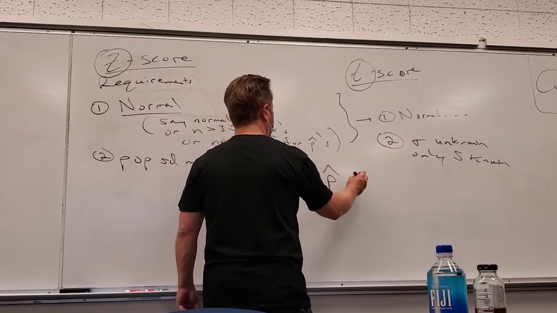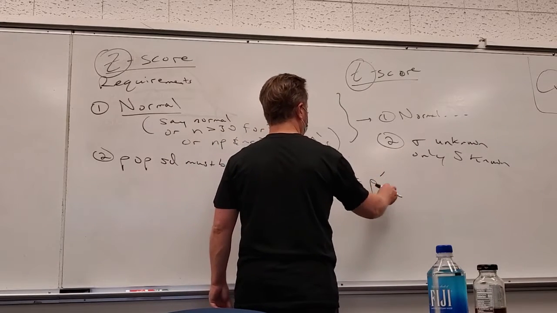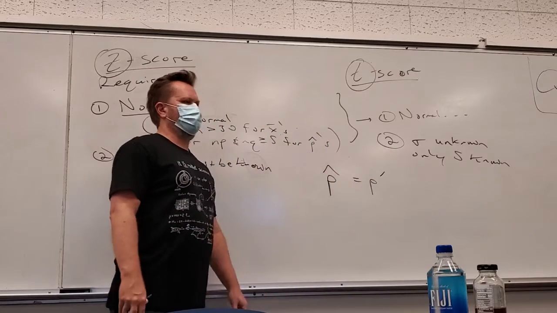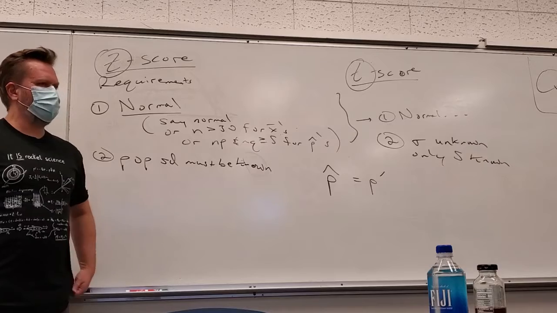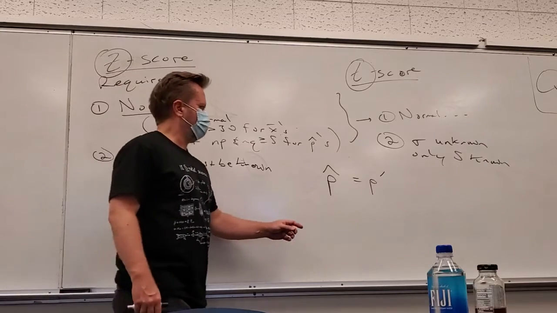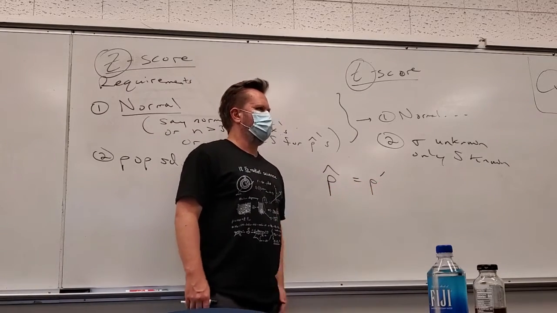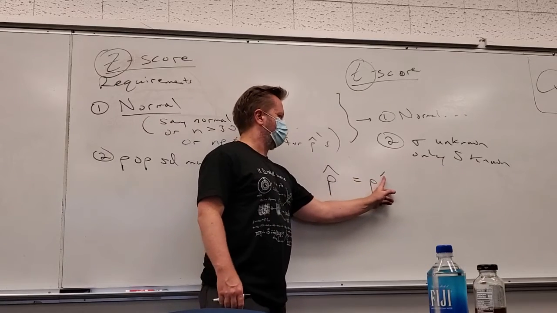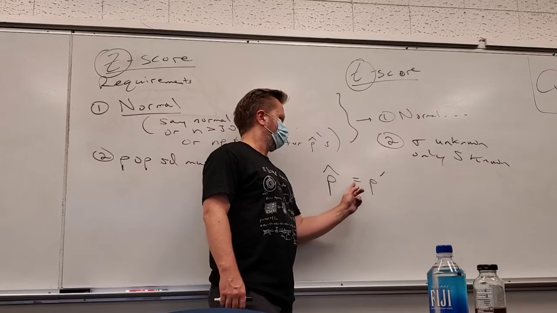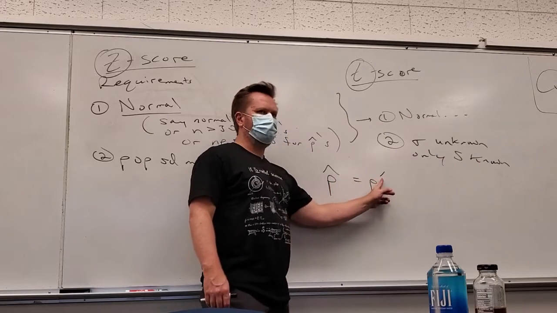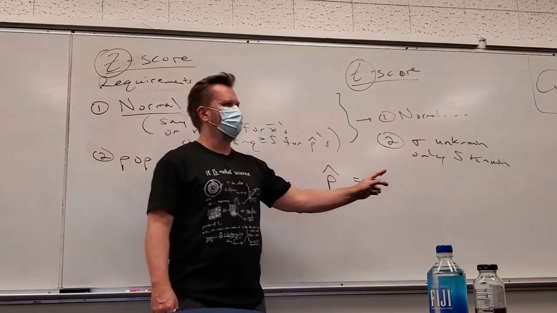My p hat, the book uses p prime. So that's the same thing. It's the only book I've ever seen that uses this. It's really weird to me because this symbol means something entirely different in calculus. So I'm going to use p hat. The book likes to use this, called p prime.